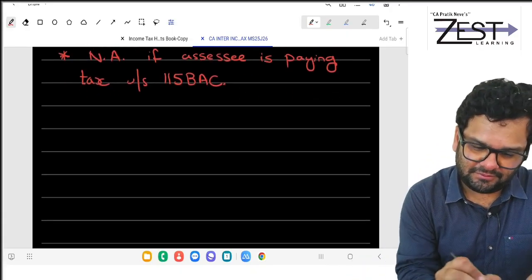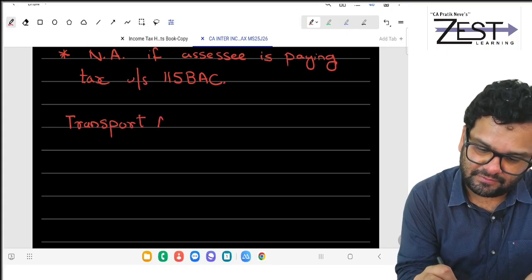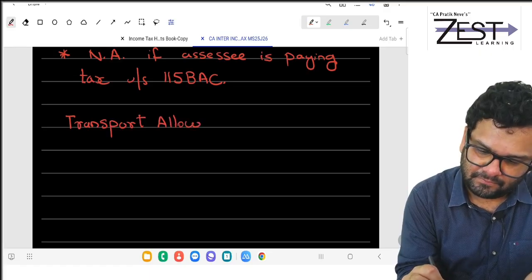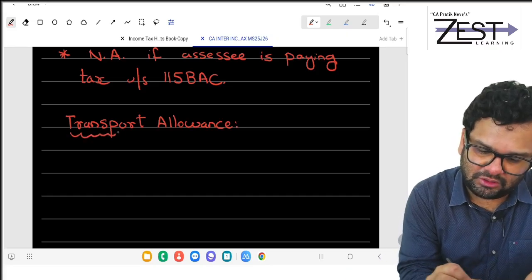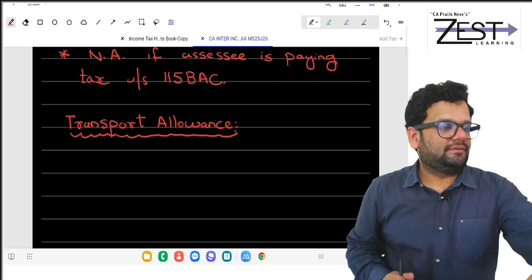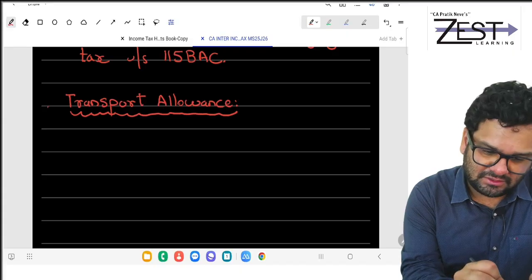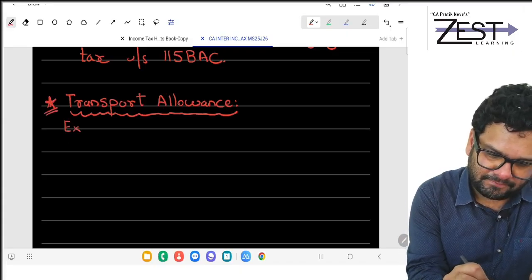Next is what? In the exemptions, transport allowance. Okay, this exemption is only for handicapped employees. This exemption is only for handicapped employees.